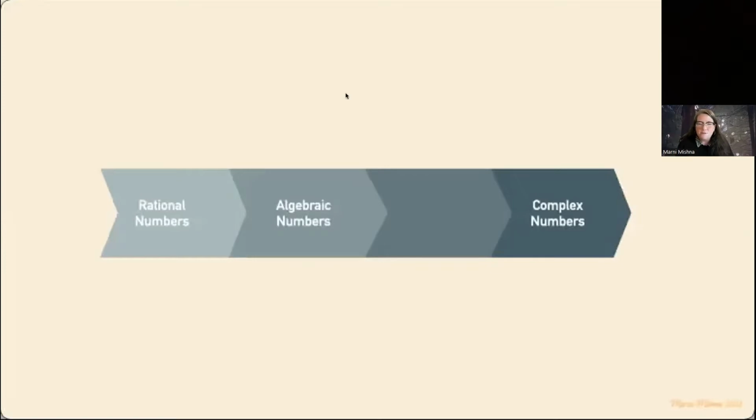So the solution for number theorists was to consider periods. This is a number that can be expressed as an integral of an algebraic function over an algebraic domain. They're encoded by a finite amount of information, and they can be identified in an algorithmic way. And it contains a lot of the interesting numbers that we like, zeta constants and pi. So that was somehow a good solution by the number theorists.